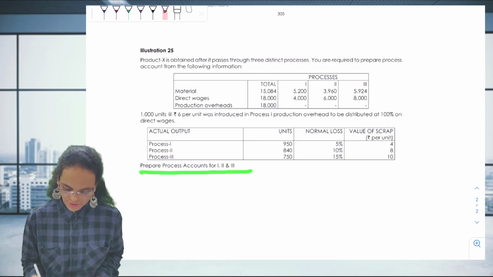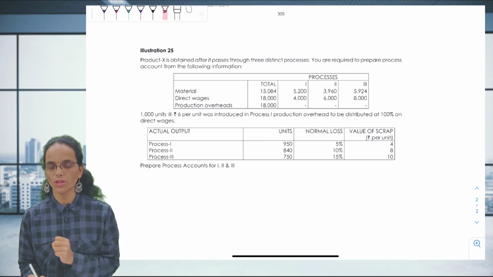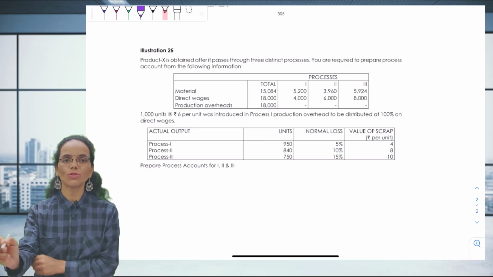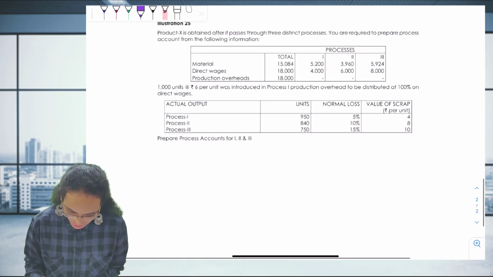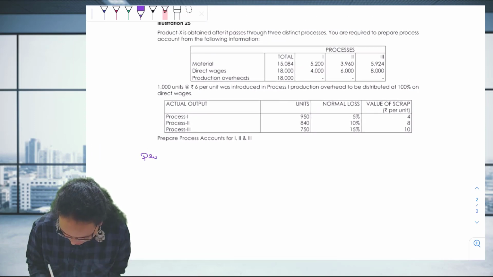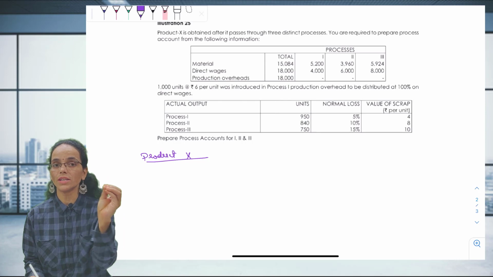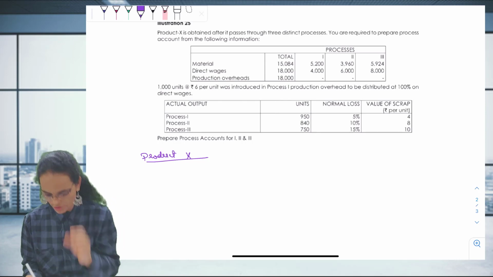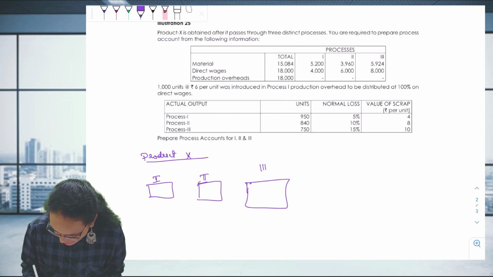So prepare the process account. First we will understand the concept of process costing, then we will solve the problem so that it will be easy for you to understand, right? There is a product called product X. This product X is undergoing 3 processes: this is process 1, this is process 2, this is process 3.